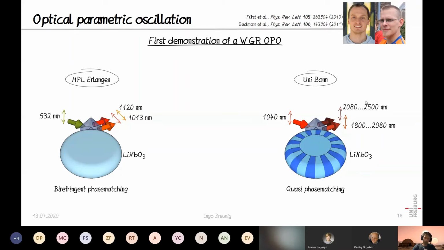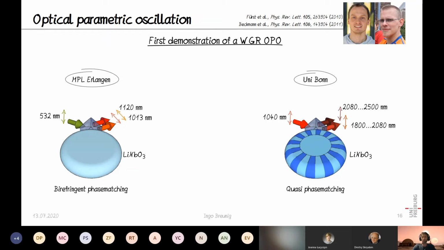The problem is that this additional second harmonic generation and or some frequency mixing does not happen necessarily, or only rarely happens, in whispering galleries. So there's a fundamental difference between the bow tie cavities and the whispering gallery, that these processes are very, very unlikely.